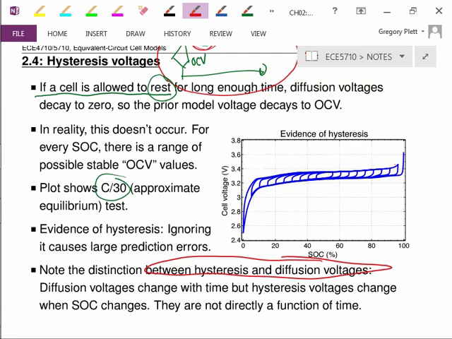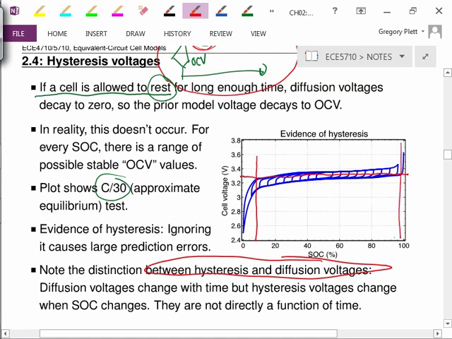But suppose in this cell test that's shown here, I measure a voltage of 3.3 volts. And I'll try to draw that line. You can see that 3.3 volts could correspond to a state of charge as low as 10% and as high maybe as 95%.